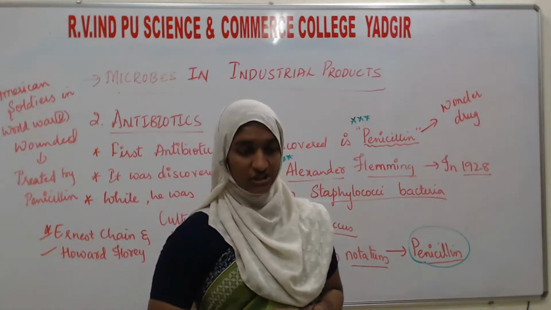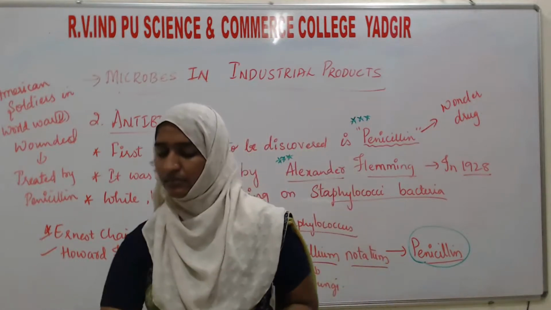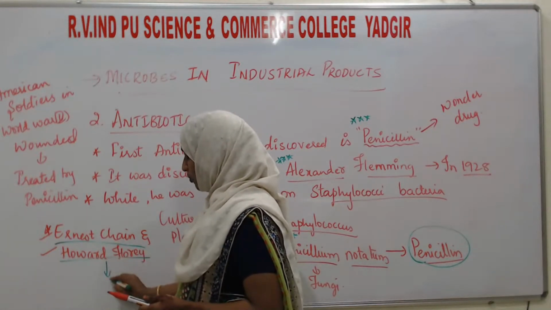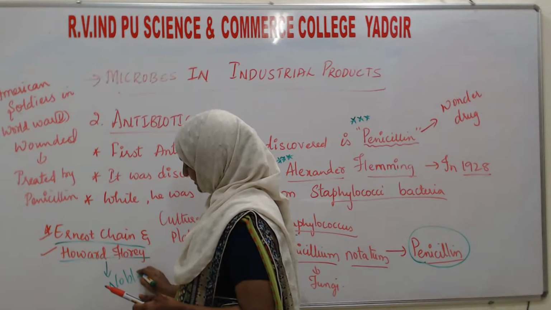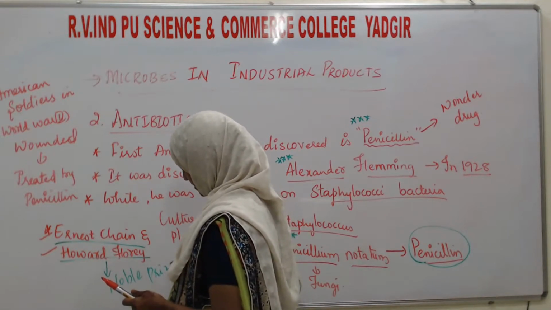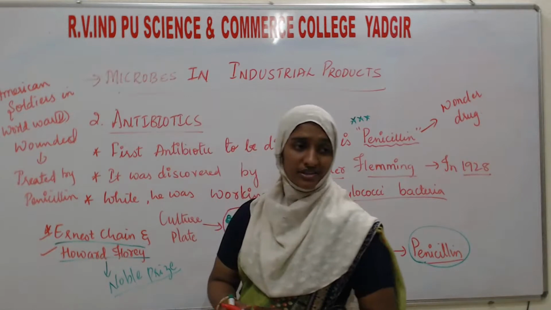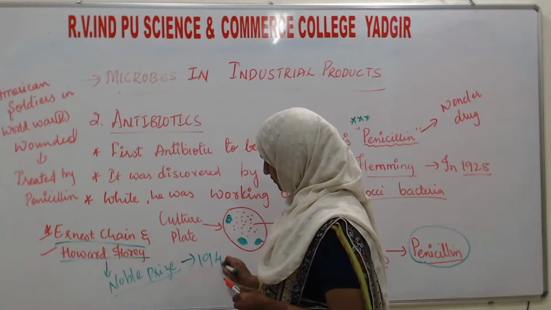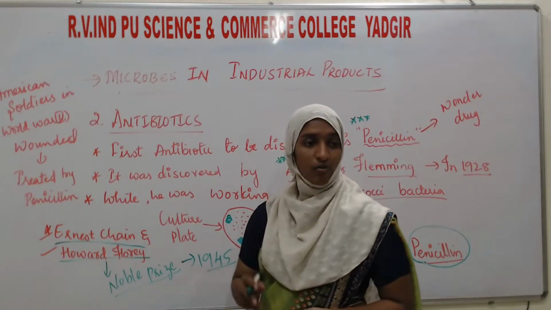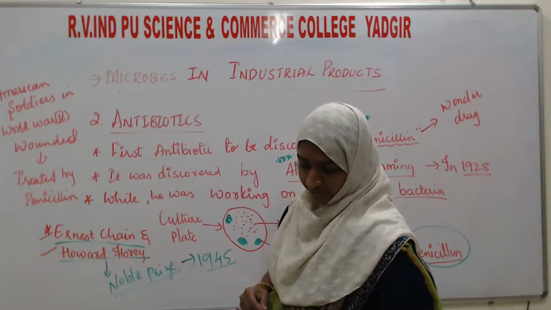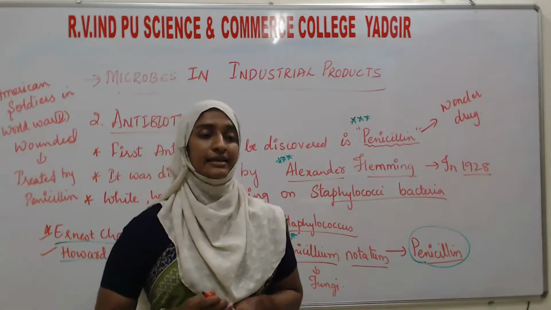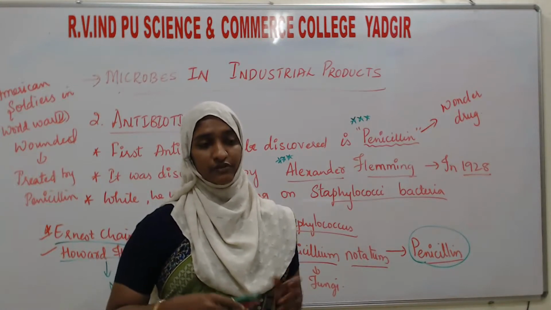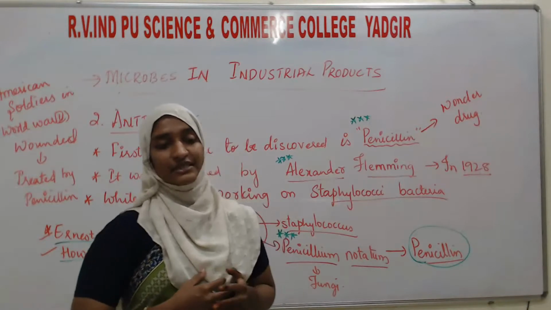Ernst Chain and Howard Florey were awarded the Nobel Prize for their discovery of the antibiotics in the year 1945. Since then, a number of antibiotics like tetracycline, kanamycin, erythromycin and cephalosporin have been discovered.